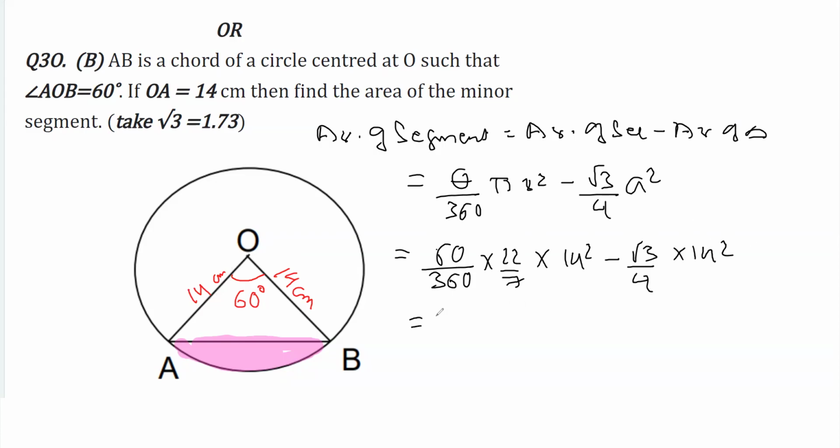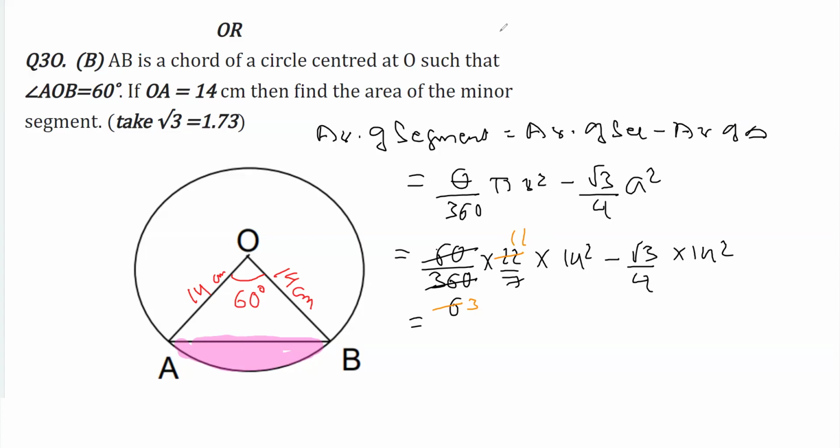Now I can take 14 square as common, but let's first reduce it. I can see that this is divisible by 6 times, and further by 3 times, and this is by 2, 11 times.